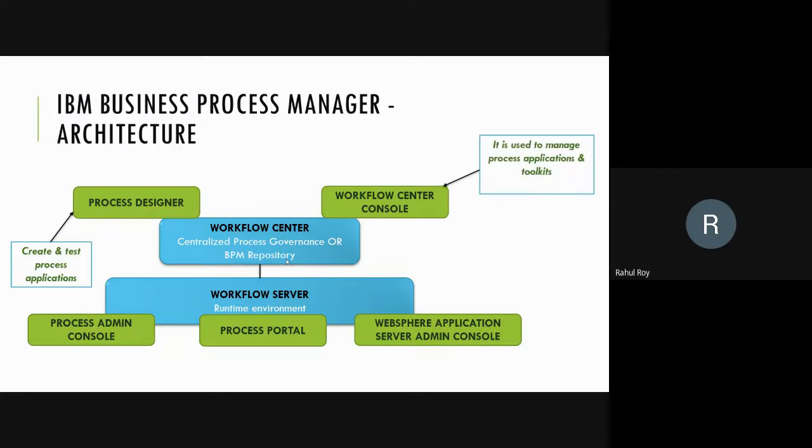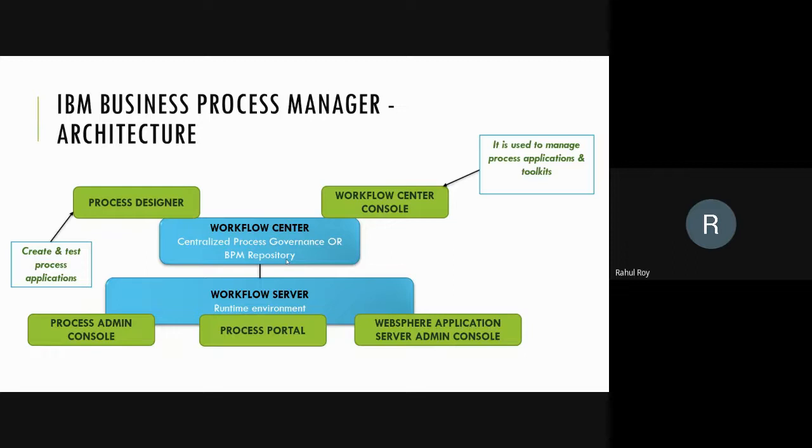Workflow Center Console. The Workflow Center Console is used to manage the process applications and toolkits. Basically, it is the console through which we can view the Workflow Center artifacts, which consist of the different process applications and toolkits, like I said. Something I said I would let you know is from where we can download the desktop Process Designer.